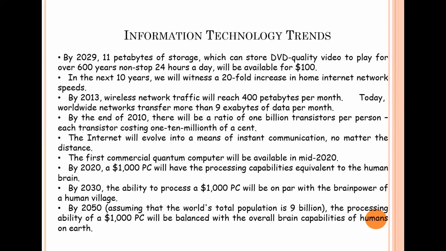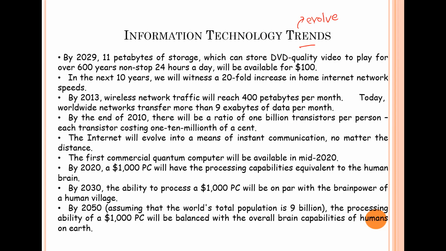Here are the information technology trends. Well, we all know that technology is evolving, right? It means that you guys from the information technology or information system program need to keep updated with the trends of information technology.